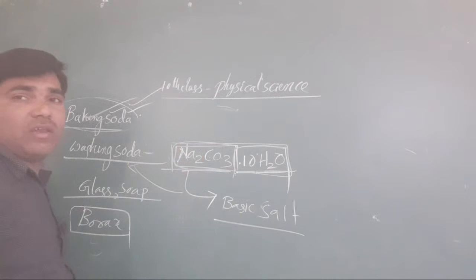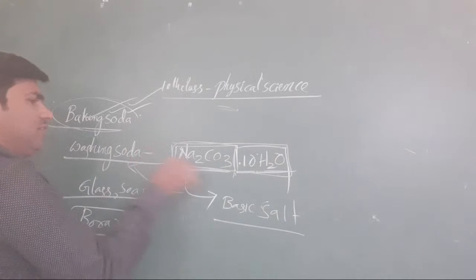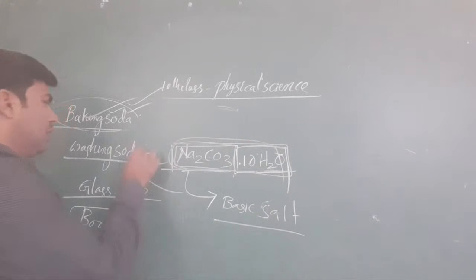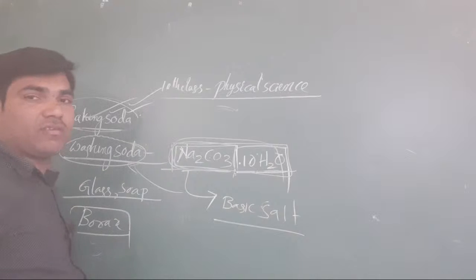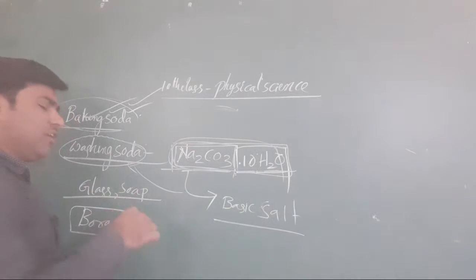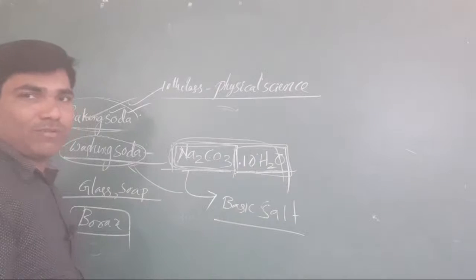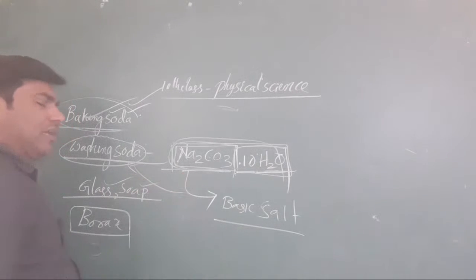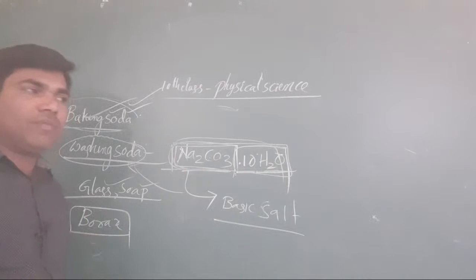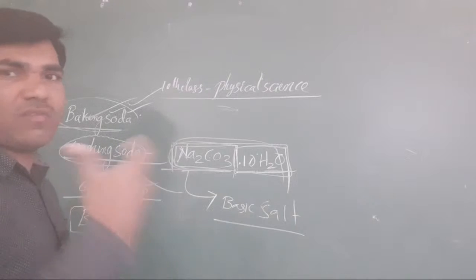In this way, sodium carbonate combined with water is prepared as washing soda. Washing soda is used especially for cleaning purposes. It is used in the glass industry and the soap industry, and it is a cleaning reagent, as is borax powder. It is also used for domestic purposes, wherever we want to clean.